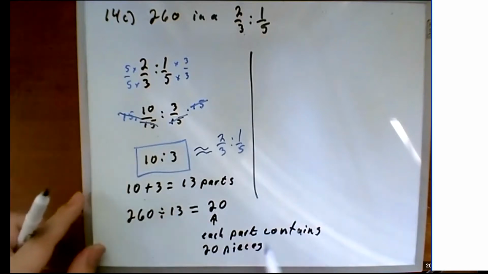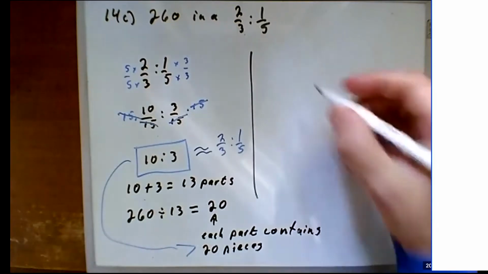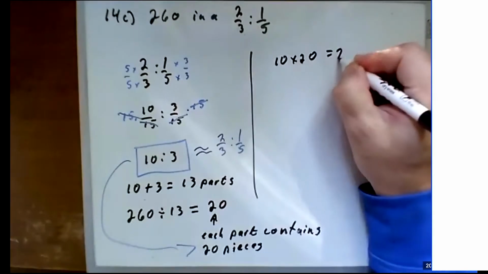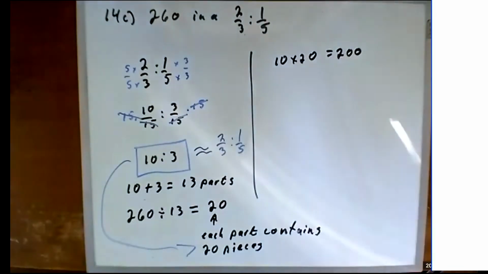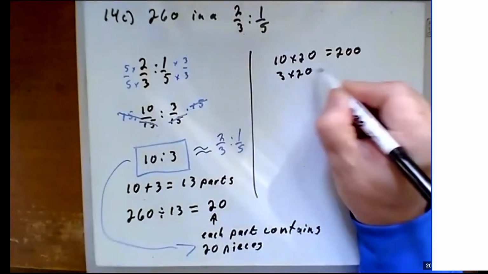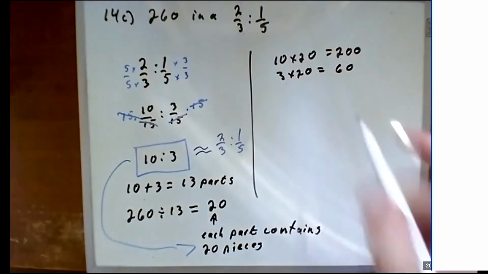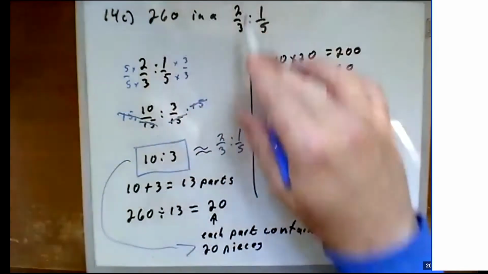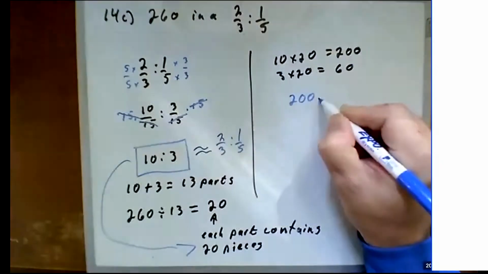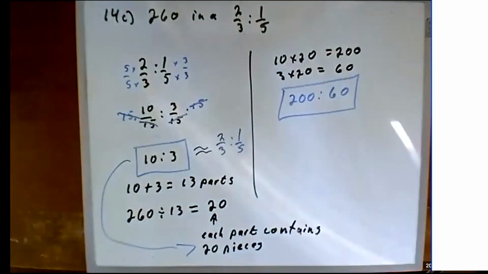Taking that and applying it to my 20 pieces, on one side I'm going to get 10 times 20. On the other side, I'm going to get 3 times 20. And then those end up being my pieces. So 260 in a 2/3 to 1/5 ratio ends up being 200 to 60.